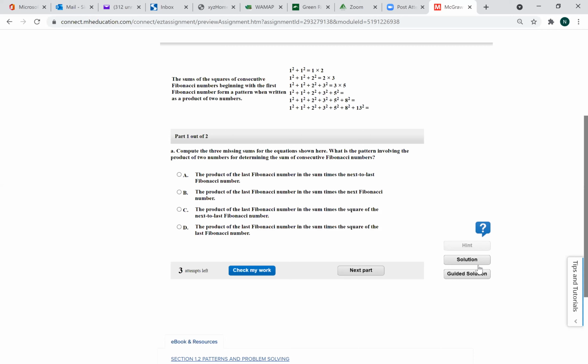So given that pattern, what do we expect the fourth line to be? Without even calculating what that sum is, what can we expect it to be? Is there a pattern that we can see? Four times 6.